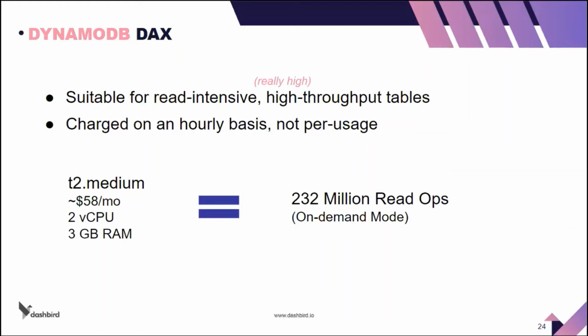So you really need to be running a high-throughput table to reap benefits from DynamoDB DAX. But if that's your case and you are read intensive, DAX can be a really good way to save money on DynamoDB operations and actually reduce latency, because the cache is a lot faster than the DynamoDB table.